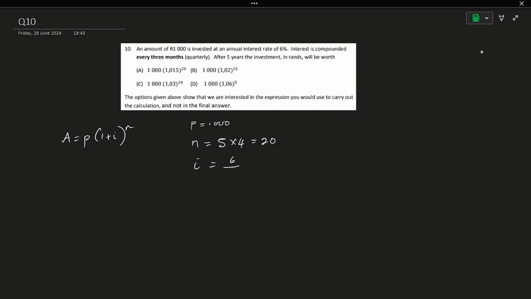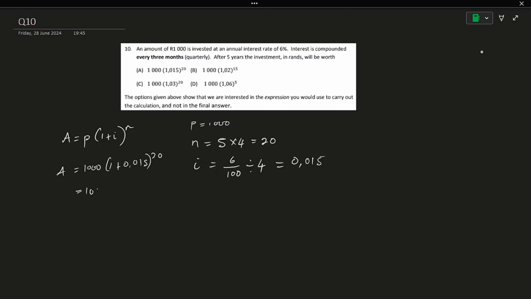So that is 6 divided by 100, but it's quarterly, so we also have to divide this by 4 to get the rate per quarter, which gives us 0.015. So we can now plug this in and say A equals 1,000 times (1 plus 0.015) to the power of 20, right?